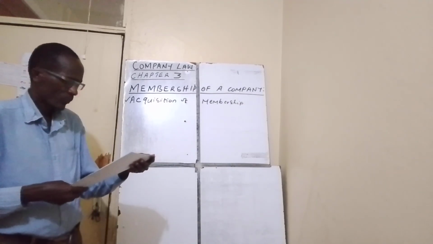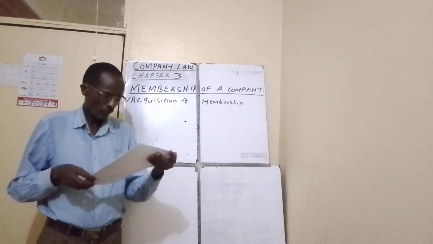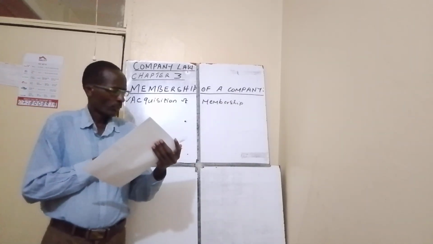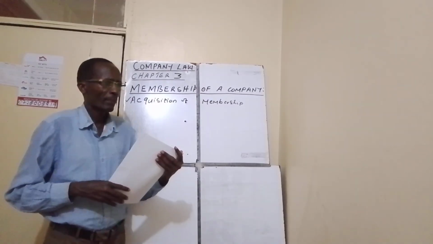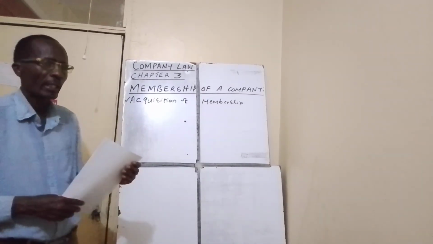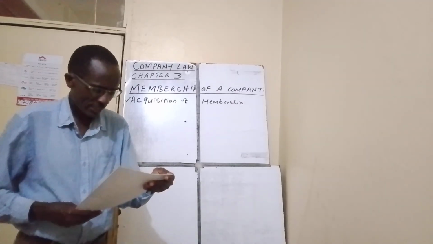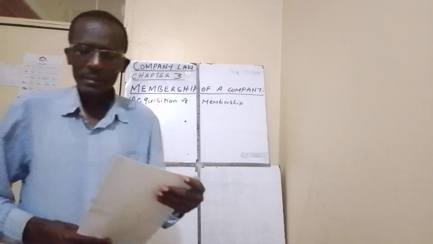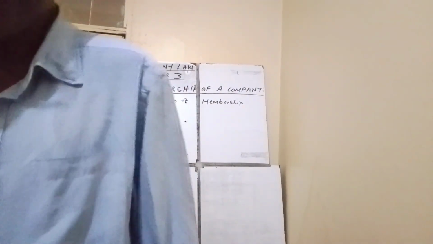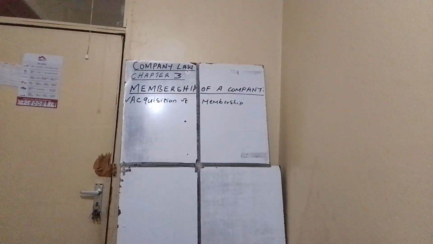I'll first present to you 7 ways of acquiring membership of a company, and then I will discuss each one of them at a time. Now, you can first write them very fast, and then we discuss them together.